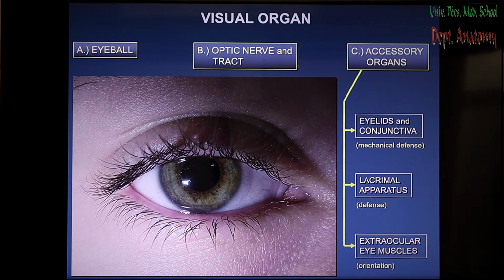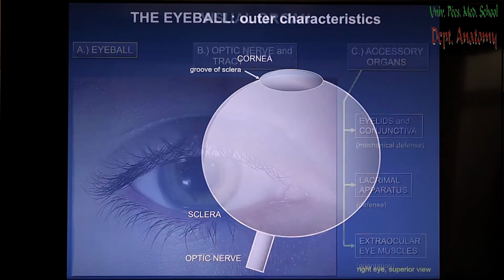The lacrimal apparatus also serves as a defending system, but its important function is to keep the anterior surface of the cornea wet, which is covered by stratified non-keratinized epithelium, which is not supposed to dry out. There are also the muscles responsible for the very delicate movement of the eyeball, just directing the gaze of the eye.